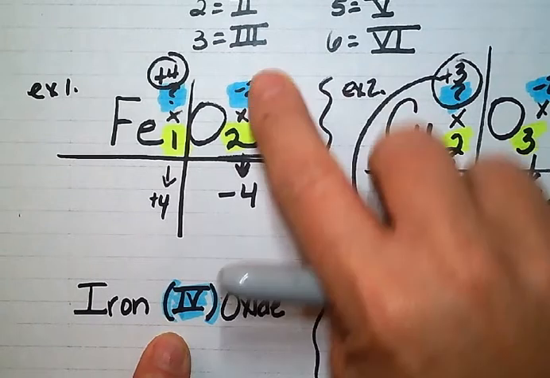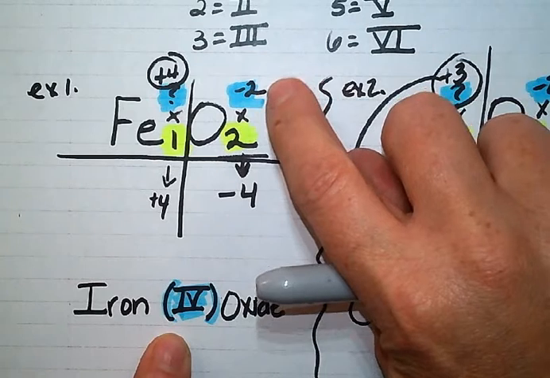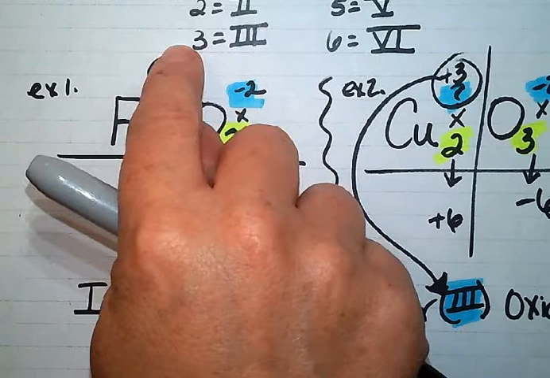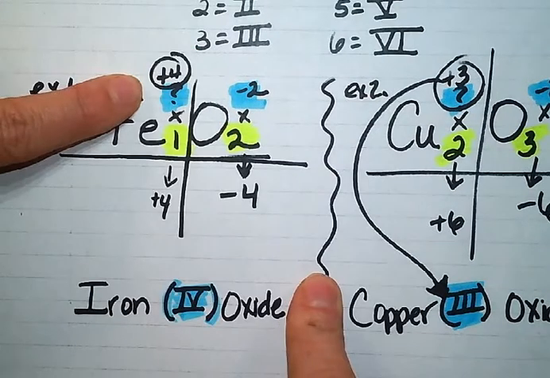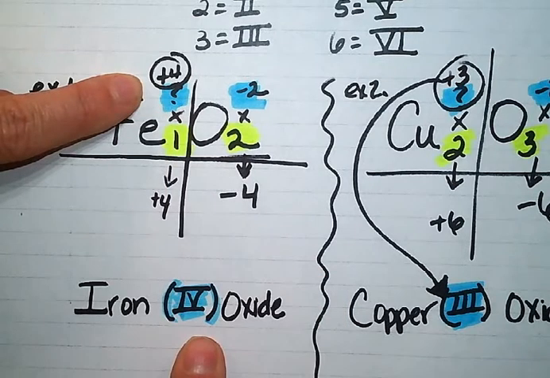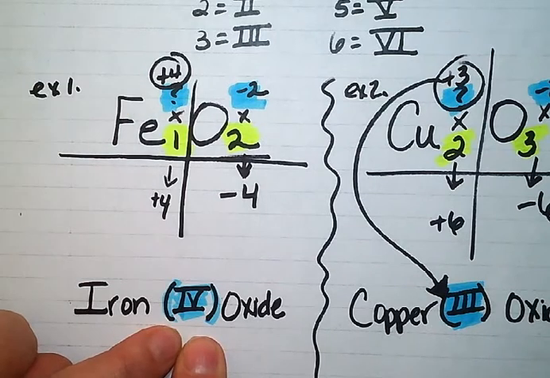We started by finding the oxidation number for oxygen, then multiplying it to get the charge for one side, and then working our way back around and figuring out the oxidation number for the iron. That number goes in as our Roman numeral, okay?